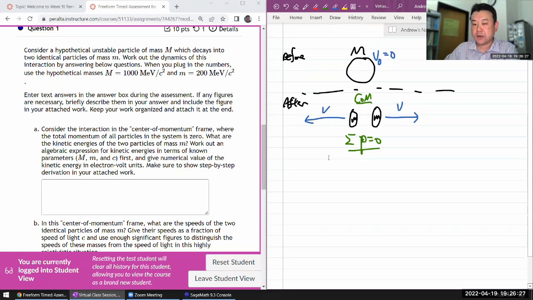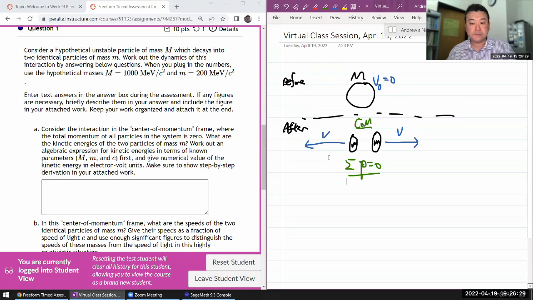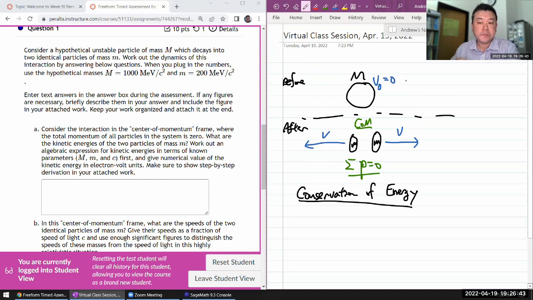So let me write out expressions this way. I'm using conservation laws, so I'm going to be using conservation of energy. Let's just write down expressions for energy. The expression for energy of the before would be, well, my total energy here was just the rest energy, Mc squared. No kinetic energy, it's not moving.